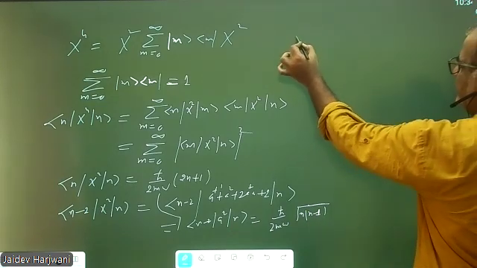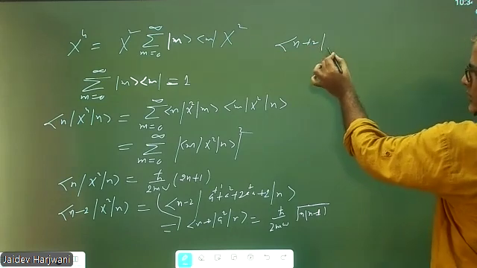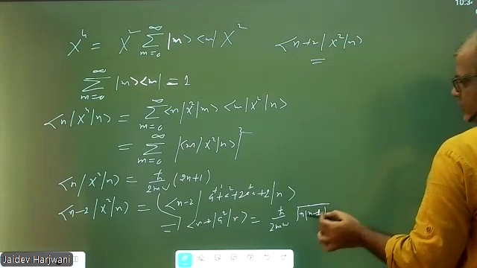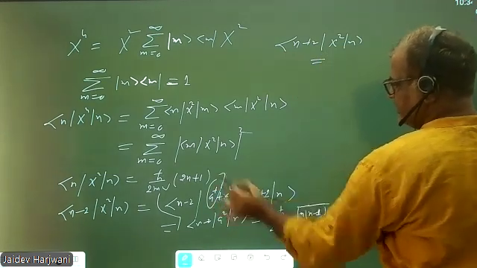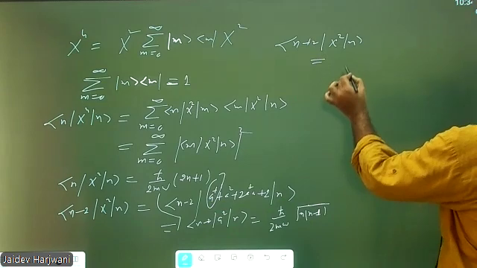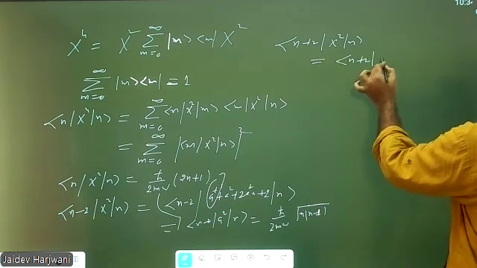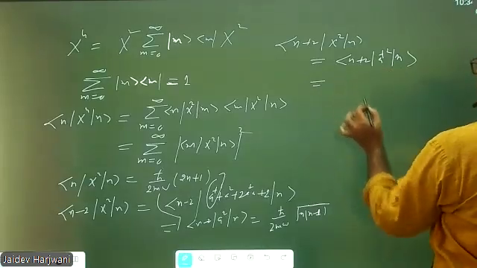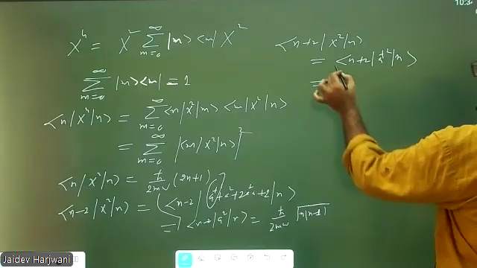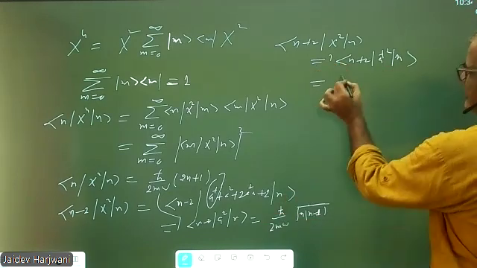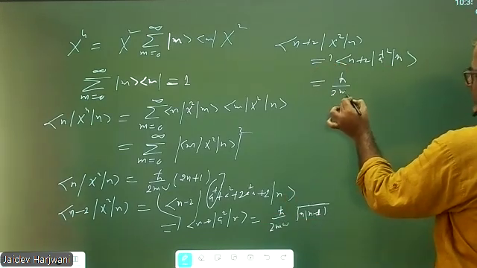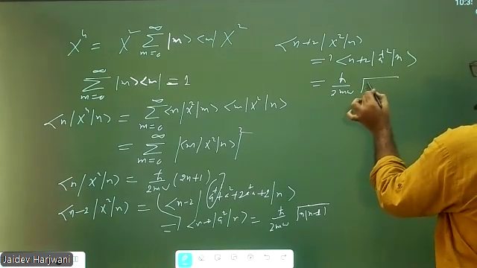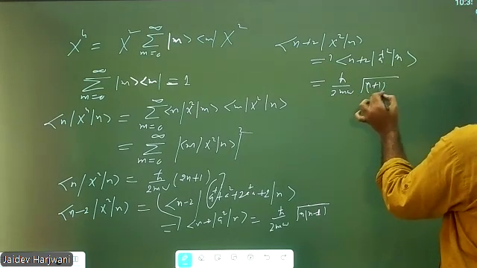Similarly, when you calculate ⟨n+2|x²|n⟩, you only use the raising operator. So for n plus 2 we only use the raising operator, all other terms become 0. So I can write this with the constant ħ upon 2mω, and this will give you root n plus 1 times root n plus 2.